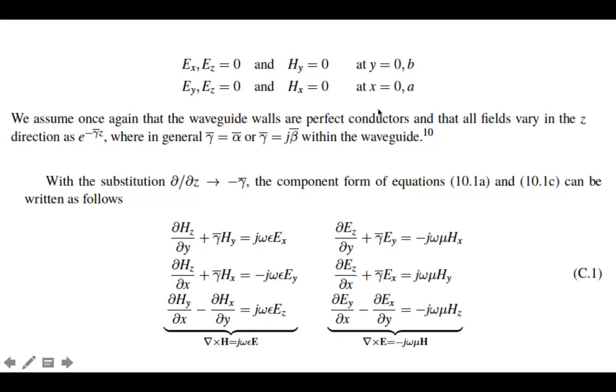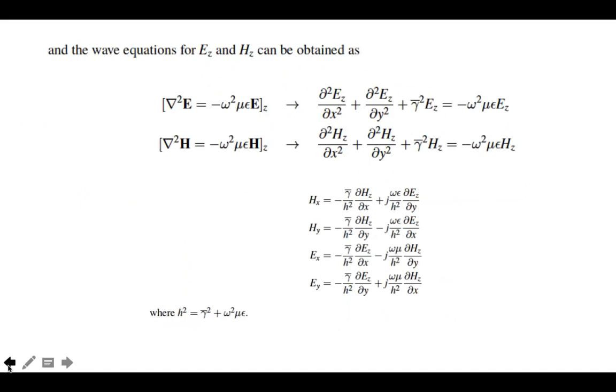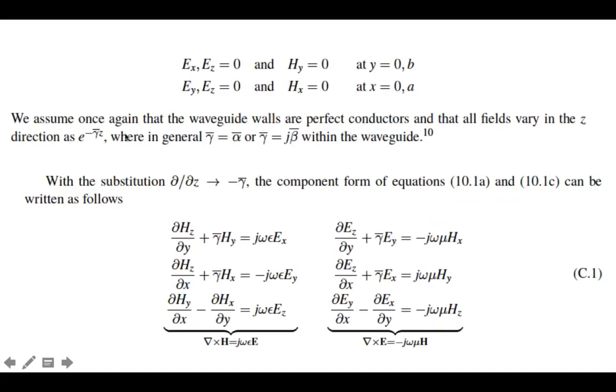Once again, we assume the waveguides are perfect conductors and that all the fields will vary in the Z direction as e to the minus gamma Z, where gamma is either going to equal alpha or J beta, and you notice that it has a line over it. So that means this is the propagation constant within the waveguide. If gamma is real, once again we will have an evanescent wave because we'll have e to the minus alpha Z, where alpha is a real number.